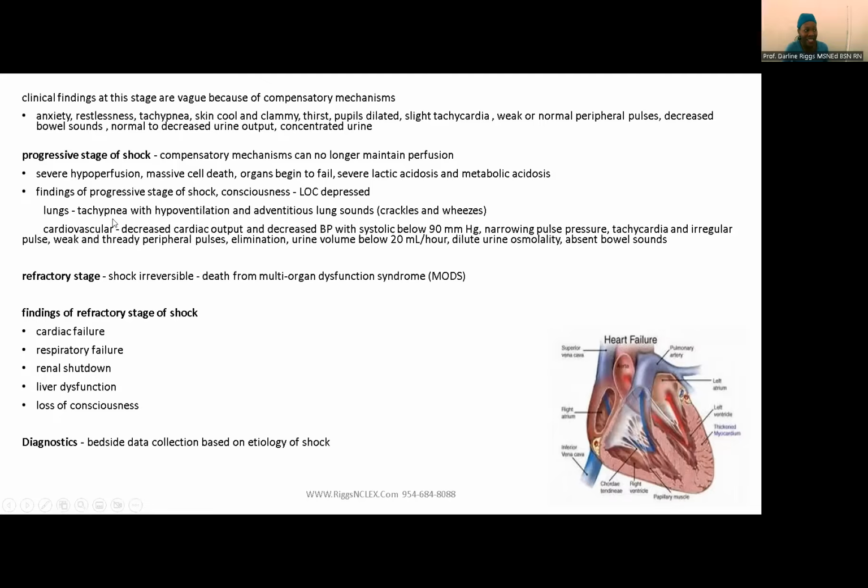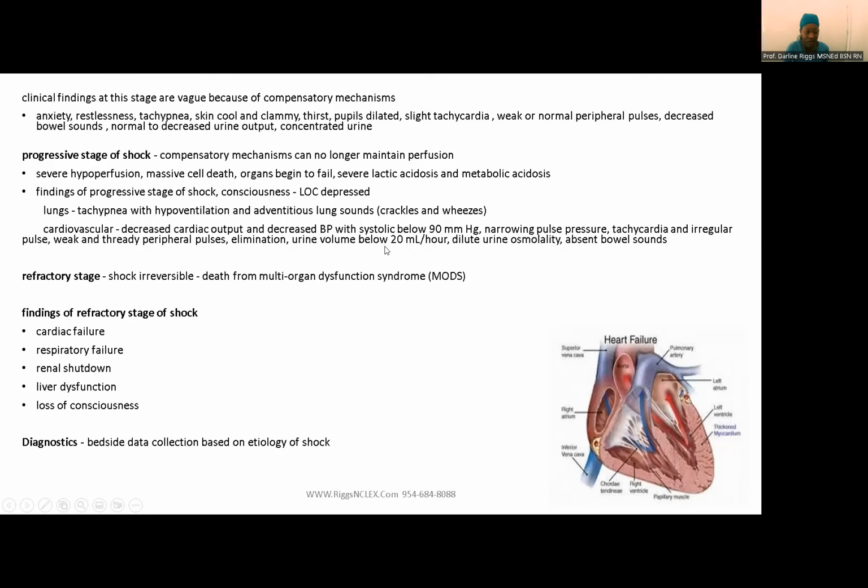Respiratory wise, tachypnea with hypoventilation and lots of crackles and wheezing, adventitious breath sounds. At that point, the systolic BP is below 90. They have a very narrow pulse pressure. They're tachy with an irregular, weak pulse, and urine volume less than 20 mLs per hour.